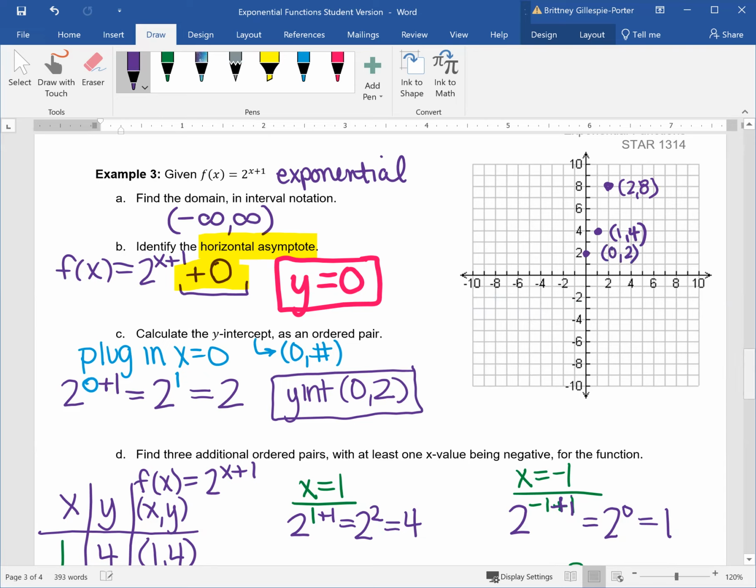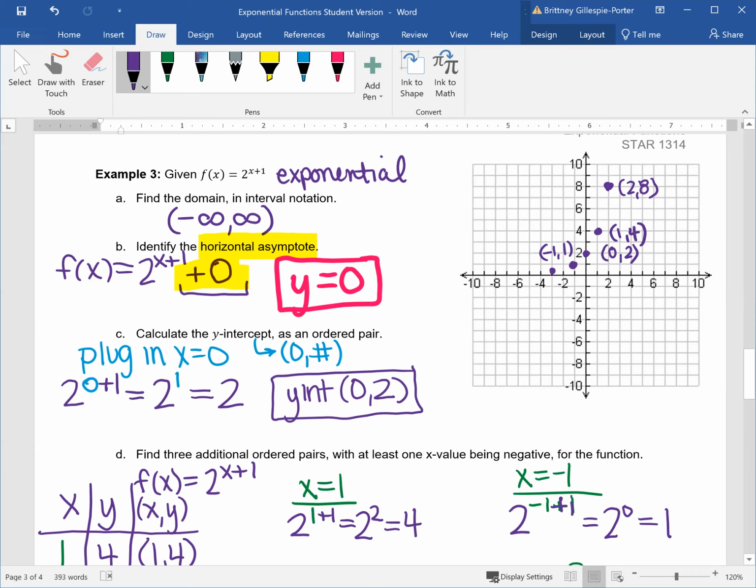We had the ordered pair -1, 1. Here, I'll do it up here. And then we have the ordered pair of -3, 1/4. So a little bit above the x-axis.